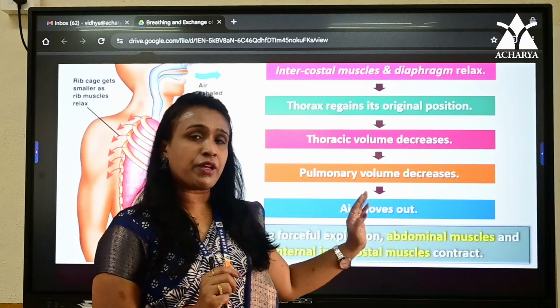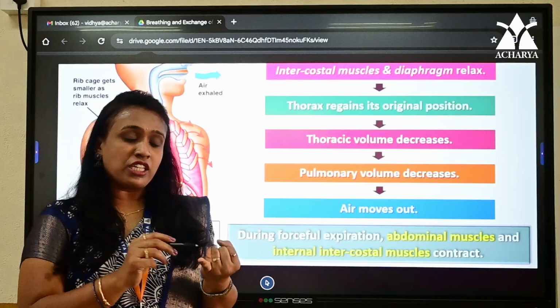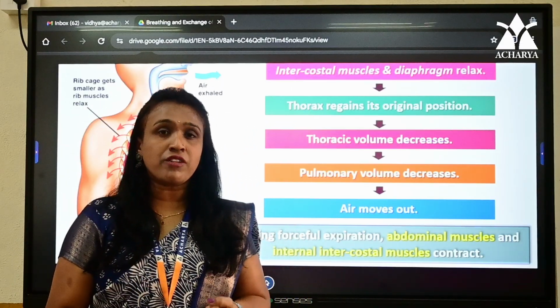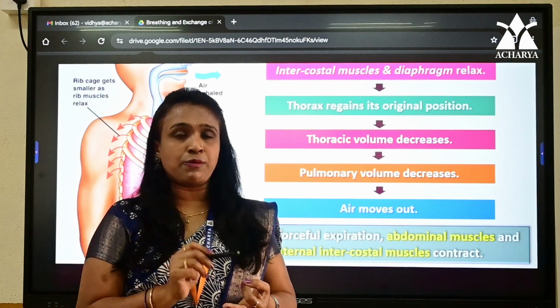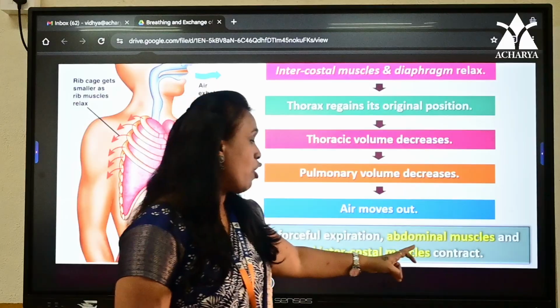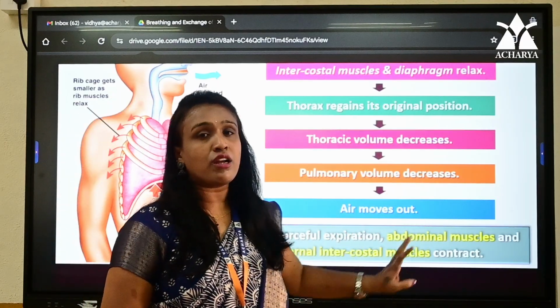Hence, forceful expiration is an active process. We have inspiration, which is an active process. Expiration is a passive process. Forceful expiration is an active process. Why? Because our abdominal muscles as well as internal intercostal muscles are contracting.